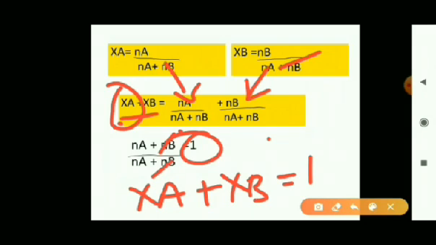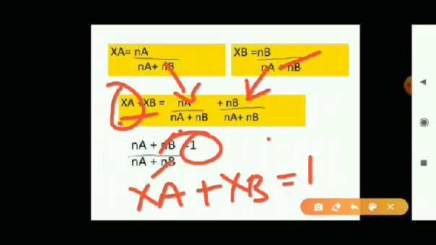Same thing. Suppose the solvent is water, the solid is glucose, and you add one more thing, salt. So three components are there: mole fraction of A, B, and C.